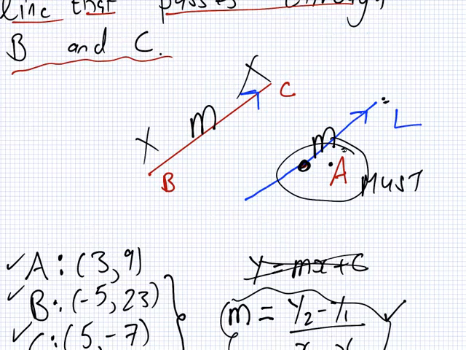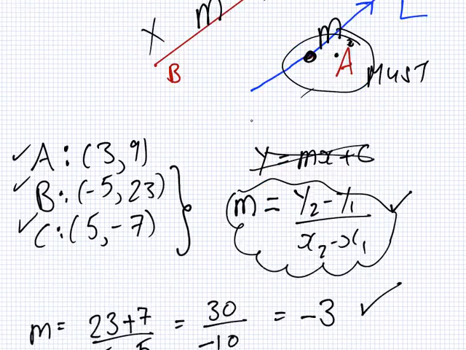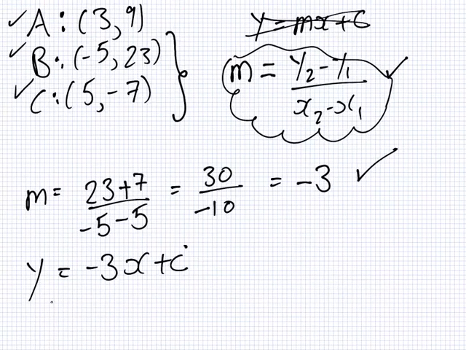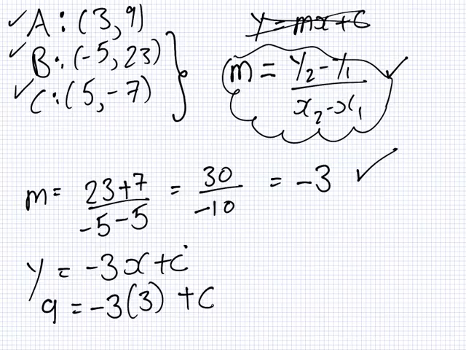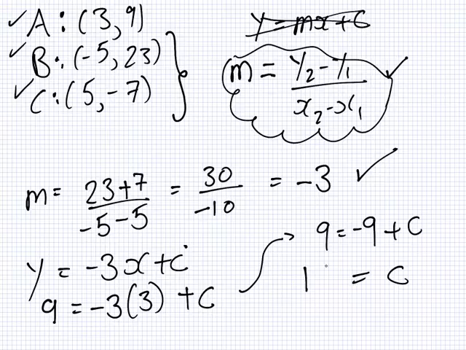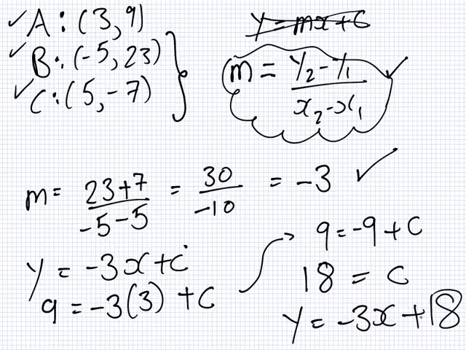I want this one. 9 equals minus 3 times 3 plus c. 9 equals minus 9 plus c. So what's c? 18. Finished. y equals minus 3x plus 18.